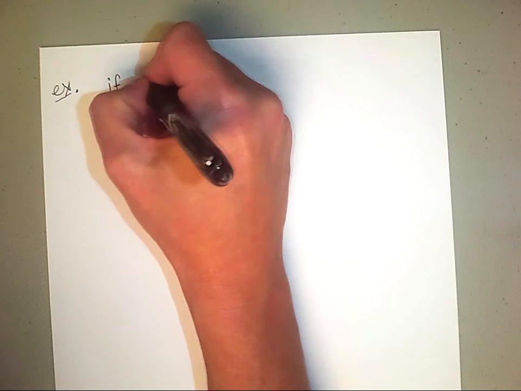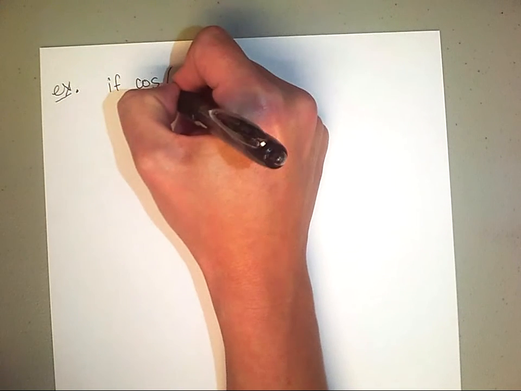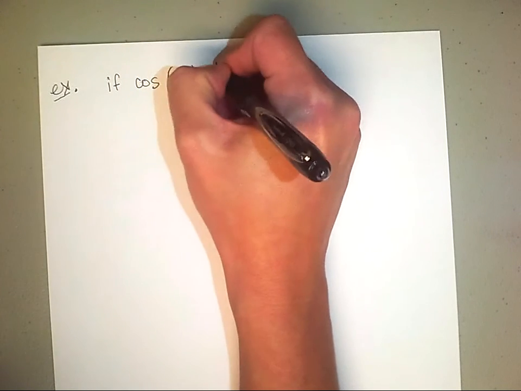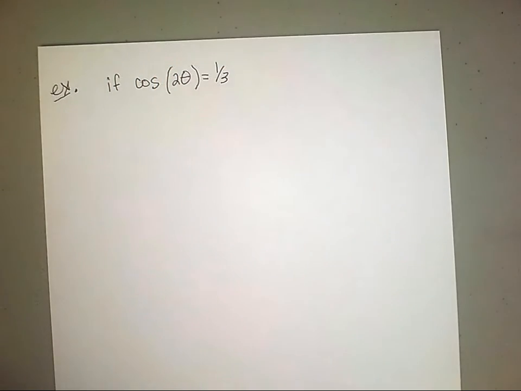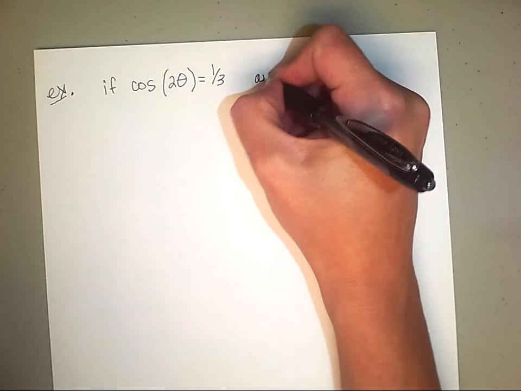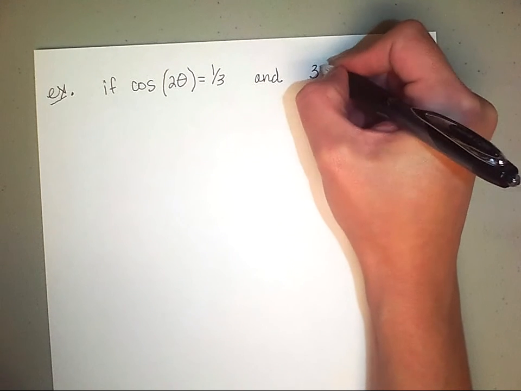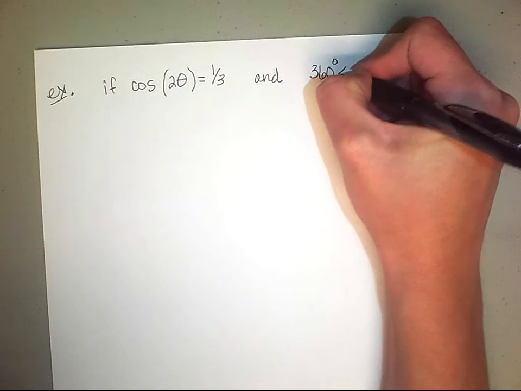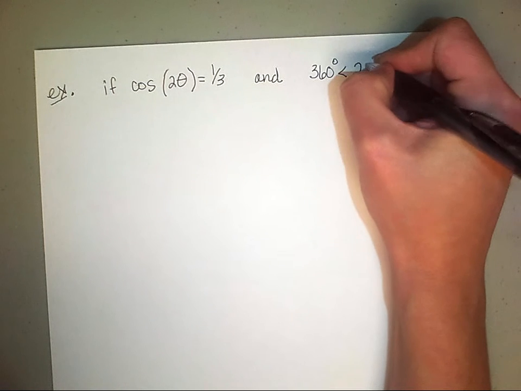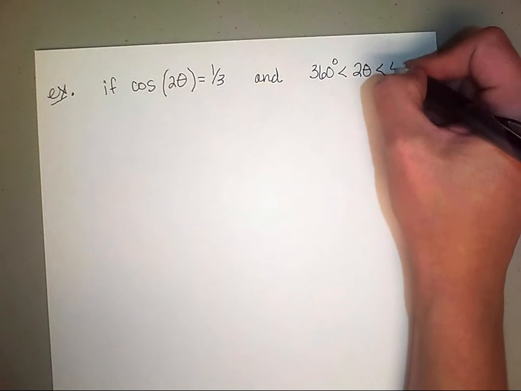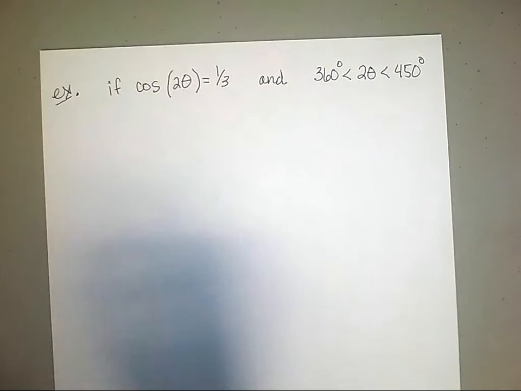Now let's say that the cosine of 2 times theta is equal to positive 1/3. Okay. And theta is going between 360 degrees, or the double angle, 2 theta goes between 360 and 450 degrees.